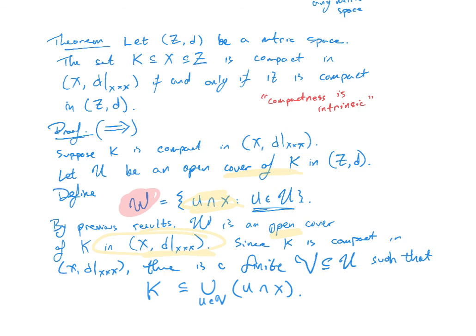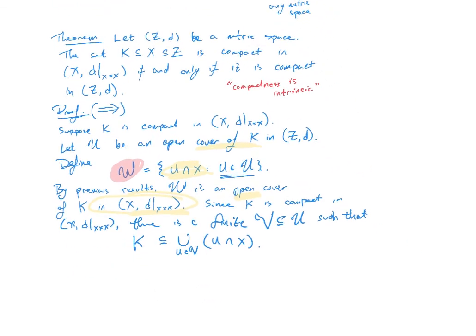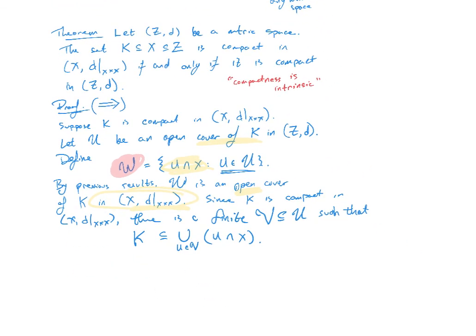I just wanted to say look at the corresponding sets in U, and then I restrict them. And the conclusion is that V is still a finite subcover of K in the big space.